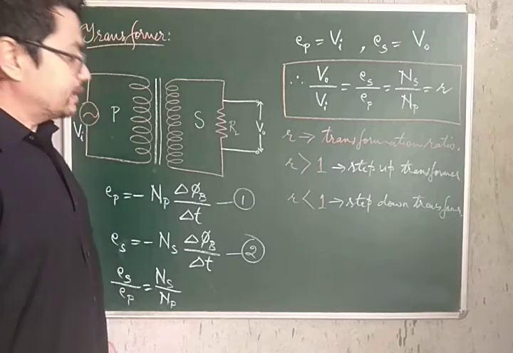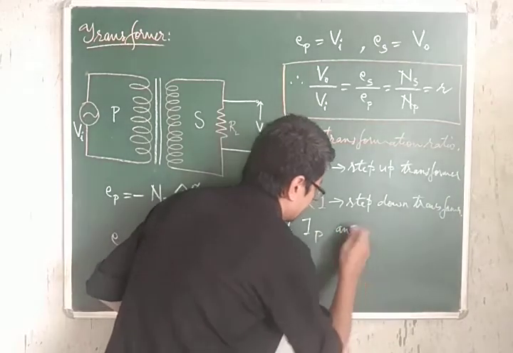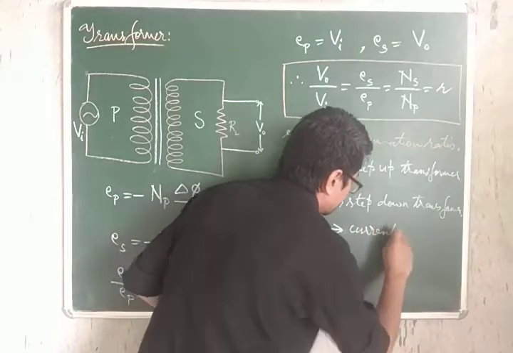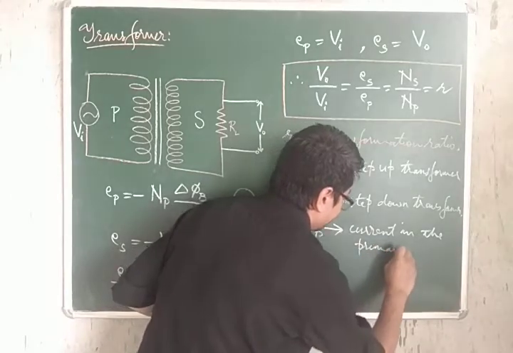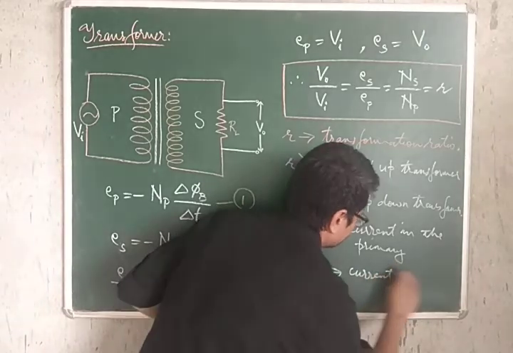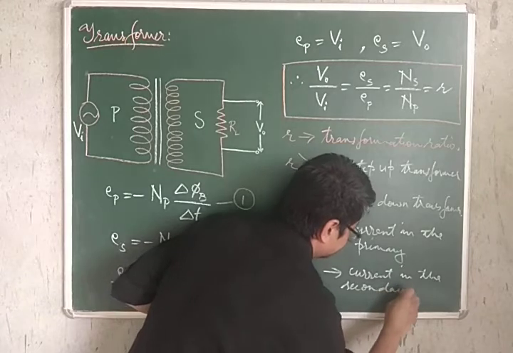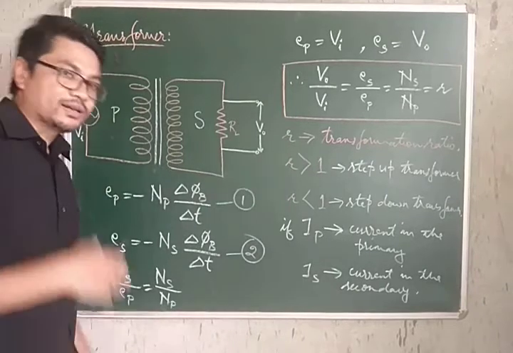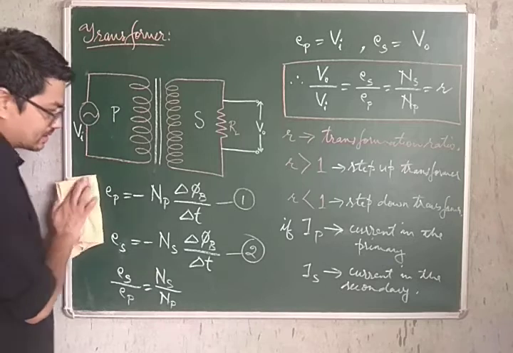Likewise, let IP be the current in the primary at any instant, and likewise IS be the current in the secondary coil at that very instant. And we are already assuming that there is no loss in energy whatsoever.